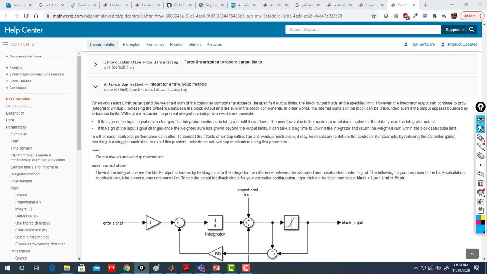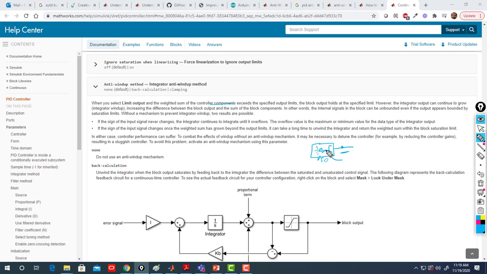When you select the limit output and the weighted sum of the controller components exceeds the specified output limit, basically you are telling your PID to put a limit, the saturation limit, on the weighted sum of the controller components, like the summation inside the PID. Remember the three blocks P, I, and D. Then you added a saturation block here. So the output is bounded, but before the saturation block it is not bounded.